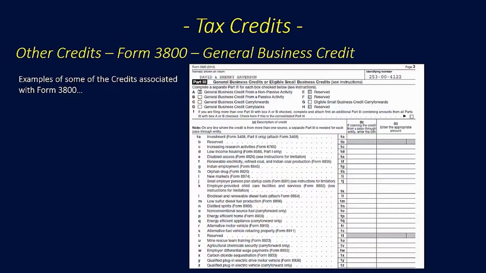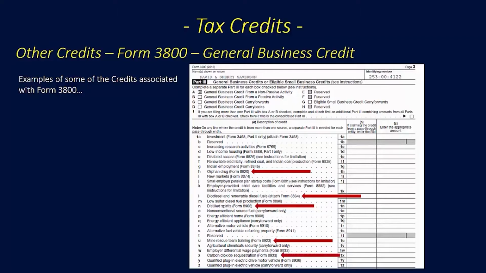Examples of some of the credits associated with Form 3800 are the Orphan Drug Credit, Form 8820, Biodiesel and Renewable Diesel Fuels, Form 8864, Distilled Spirits, Form 8906, and Mine Rescue Team Training, Form 8923.